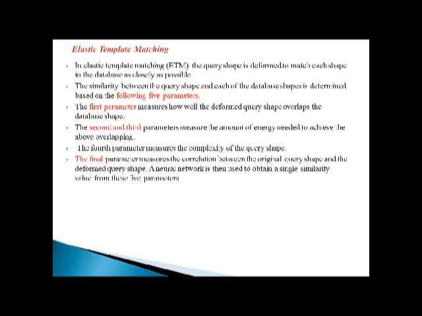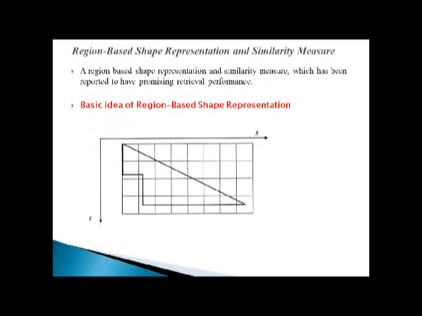So that is the first, and the second and the third measure the amount of energy needed to achieve the overlap. So energy means in case of voltage or things like that. So the last parameter measures the correlation between the original query and the query shape.